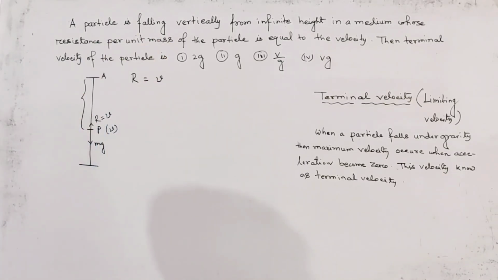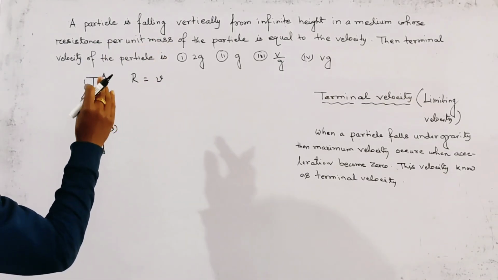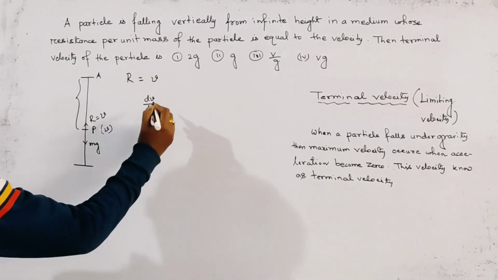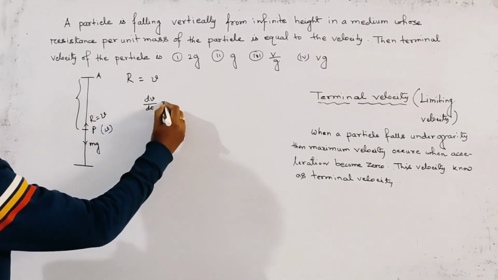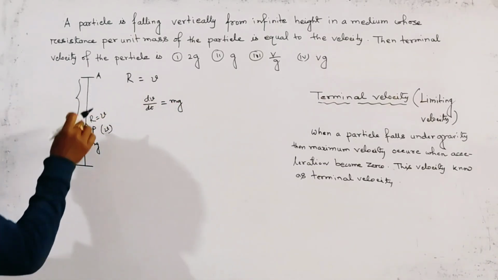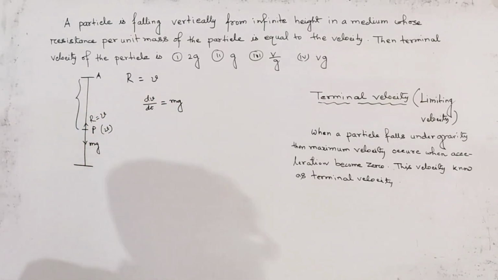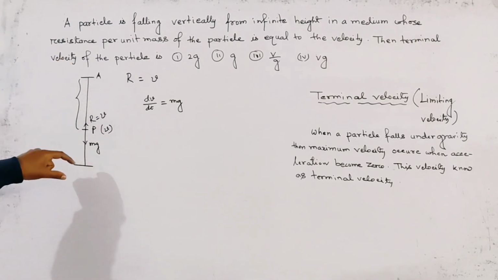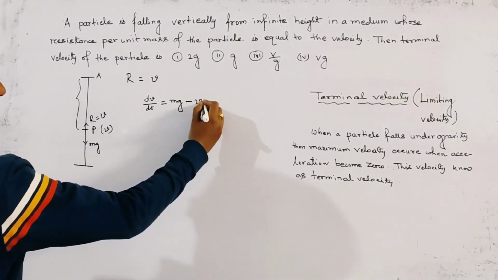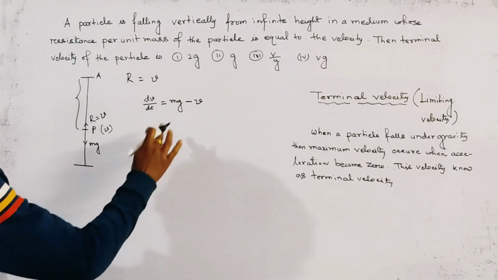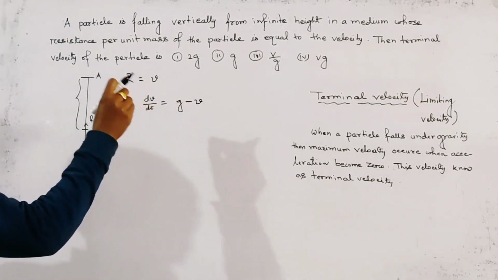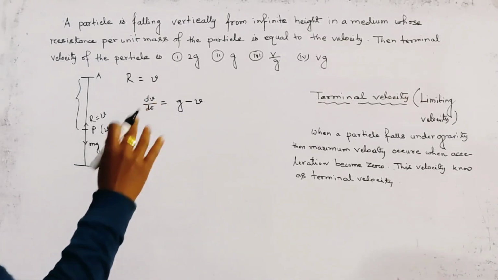If we write the equation of motion per unit mass, dv/dt equals mg, which is a positive force because it acts along the motion or along increasing distance, minus R, which is V, and we put m equal to 1 because we take the motion for unit mass.